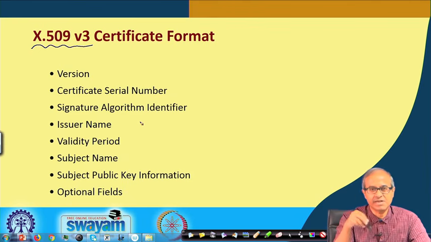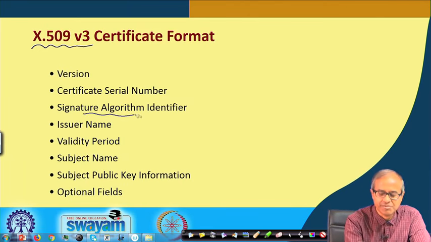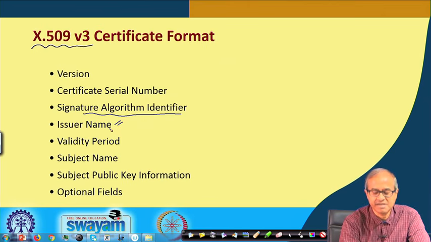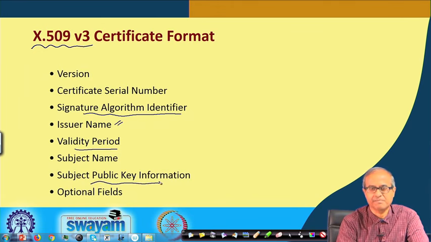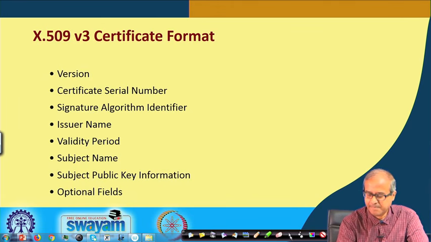The certifying authority is digitally signing it. So, which algorithm is being used? Some information about that. Who is the issuer of the certificate, what is the validity period, and of course, public key information of the sender.